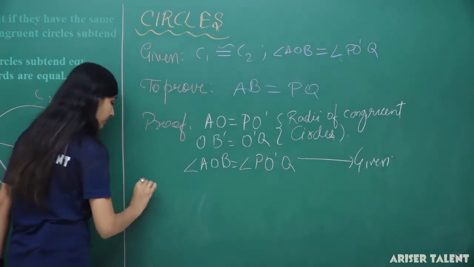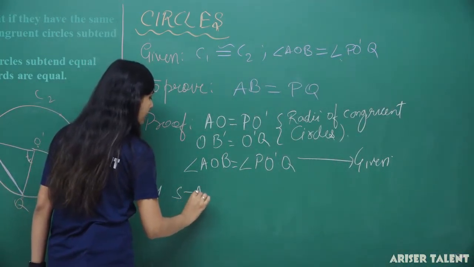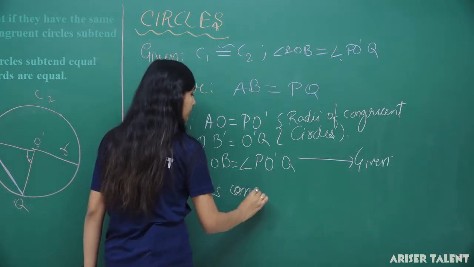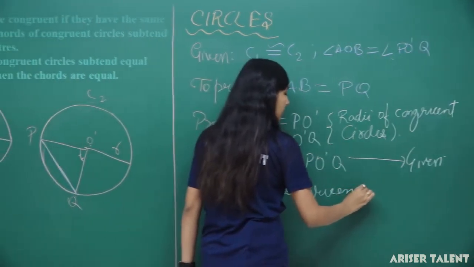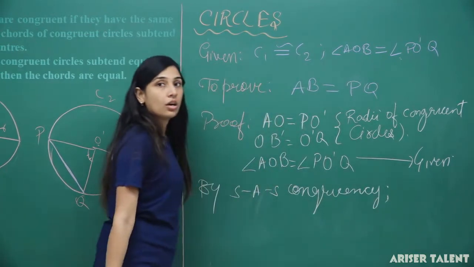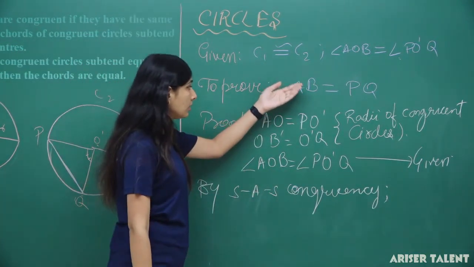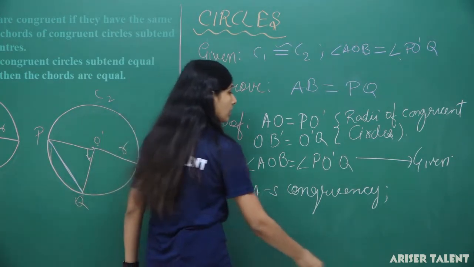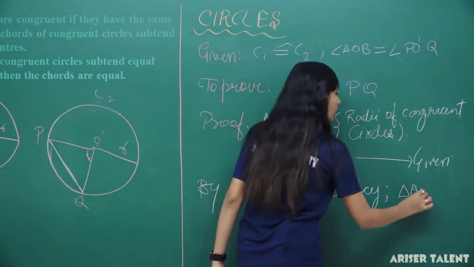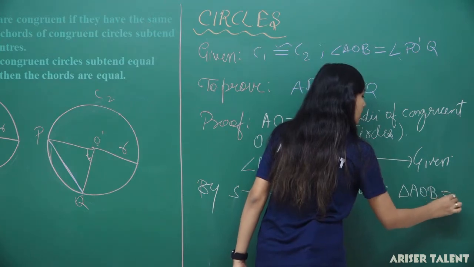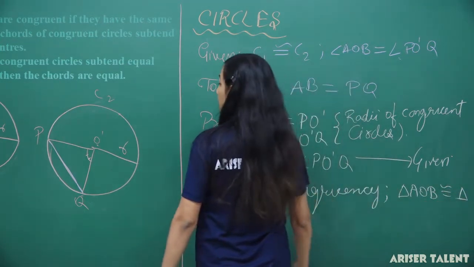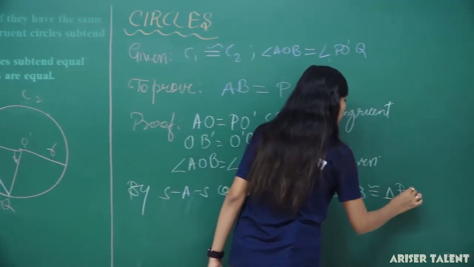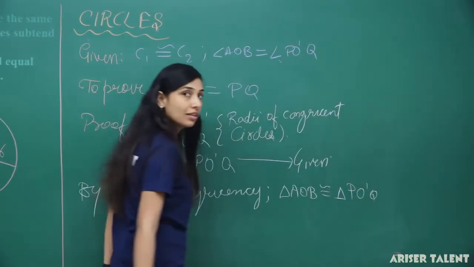So by side angle side congruency, what will you find out? That triangle AOB is congruent to this triangle PO dash Q, right?